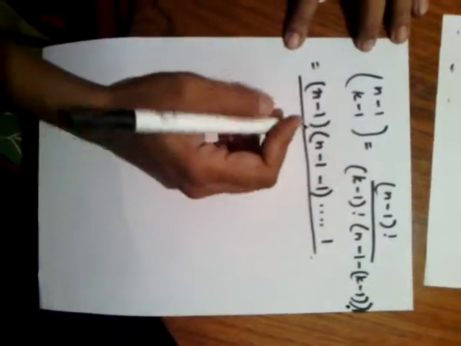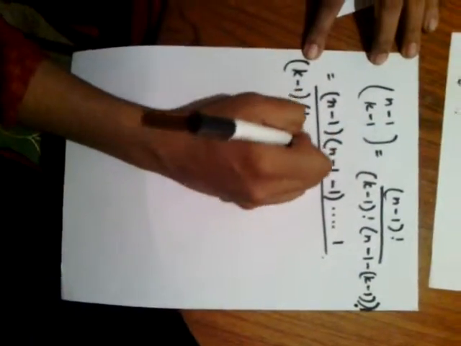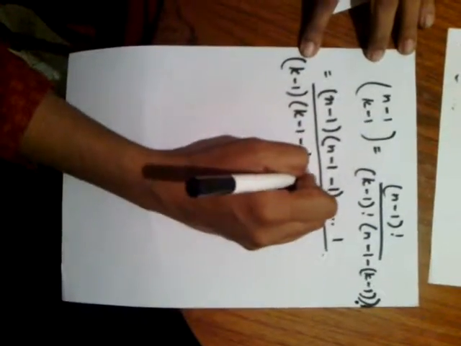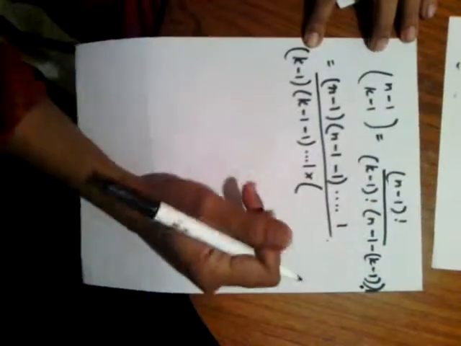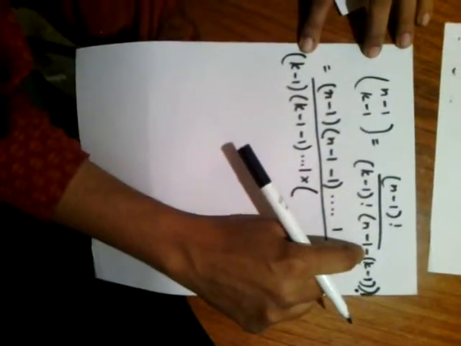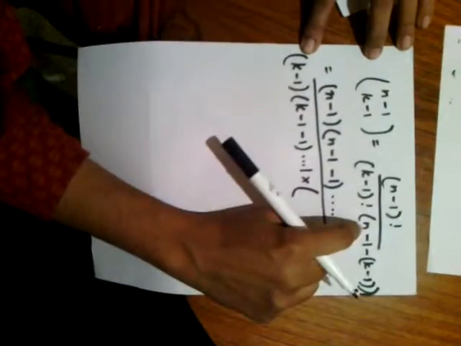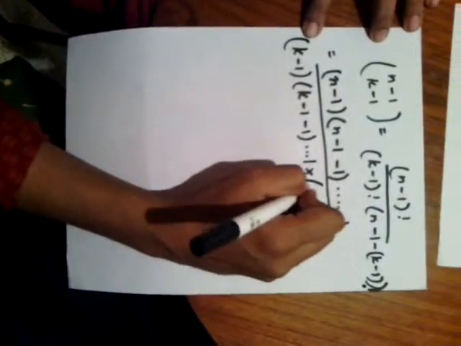What's my denominator? It's k minus 1 times k minus 1 minus 1, etc., all the way to 1, and then times this complicated mess, which, if we open this up, is n minus 1 minus k plus 1. So the plus 1 and minus 1 cancel, so it's actually n minus k factorial.